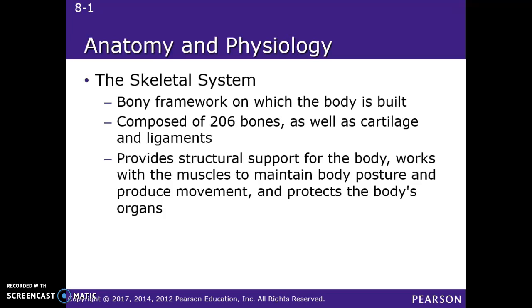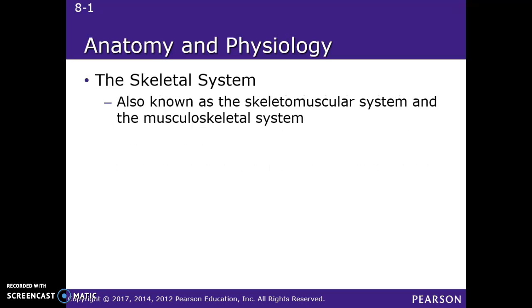Those are just some of the many functions of the skeletal system. So typically we think of the musculoskeletal system, but what we really want to do is look at this as one. We want to look at everything about all of these pieces and parts and how they work together, or in some cases don't work together if there's a problem.